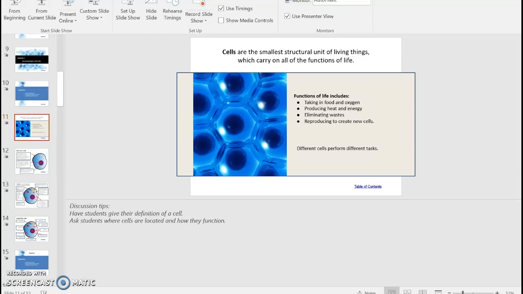Every single cell within our body has a specific function. And then when those cells come together, they combine to create tissues, which have a very specific function. And when those tissues come together, they create an organ that has a very defined function. And when those organs come together, they create an organ system that has a very defined function.